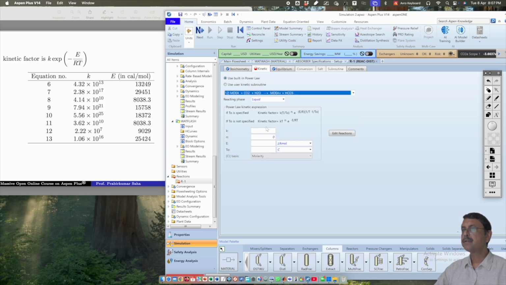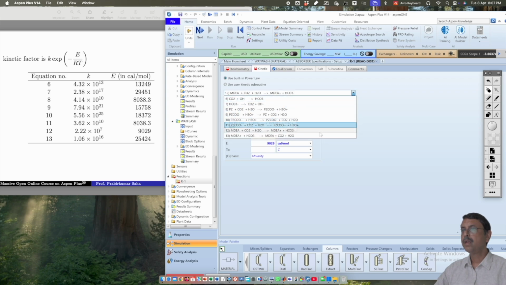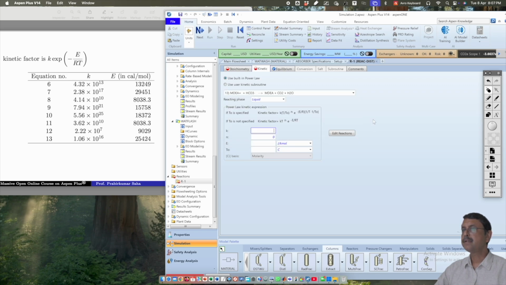12th reaction 2.22 E7, 9029 calorie per mole. And finally the 13th reaction 1.06 E16, 25424 calorie per mole.